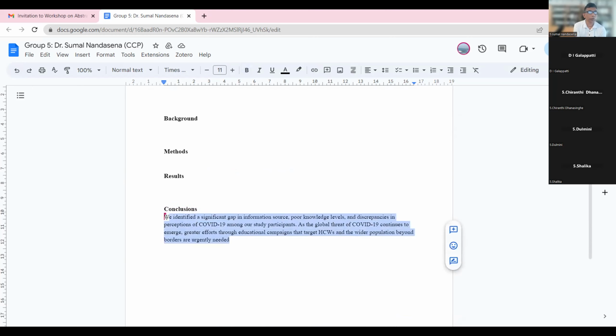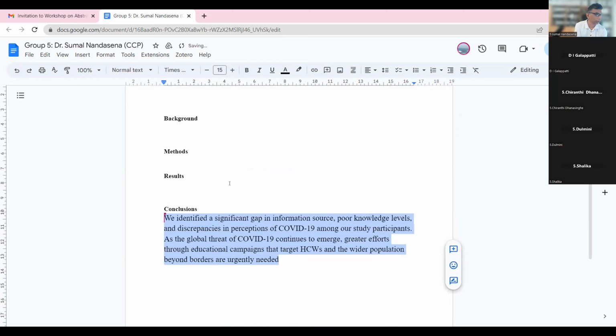When we write it up with only that particular component, it has so many words. So what we can do is edit and reduce the number of words in the conclusion section, because the plan is to go into 250 words. 250 words is the limit for most conferences. For example, the Sri Lanka Medical Association asked 250 words, and the College of Community Physicians also asked 250 words, and most other conferences also ask for 250 words.